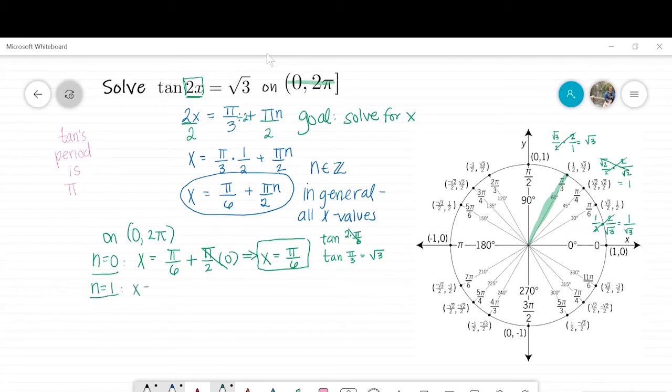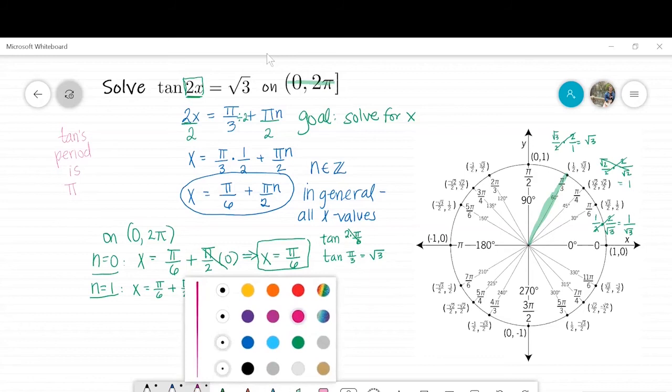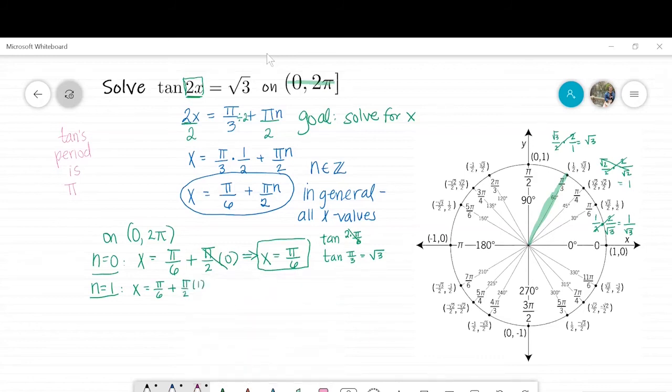1. So we're looking at pi over 6 plus pi over 2 times 1, which is just pi over 2, right? So what's pi over 6 plus pi over 2? Well, we need a common denominator. We're going to multiply this by 3 and this by 3.